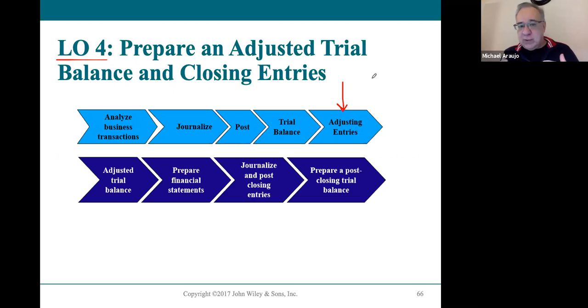So unearned service revenue is decreased with the debit and service revenue is increased with the credit. So that was the adjusting entry there. As soon as we put that in the journal, those numbers traveled and we updated the ledger. So now unearned service revenue, that balance is adjusted and we have more revenue. Service revenue is adjusted. Now we're moving on to the accruals.